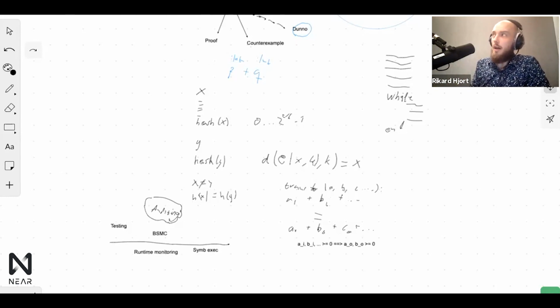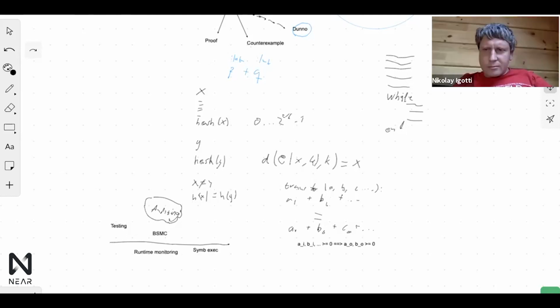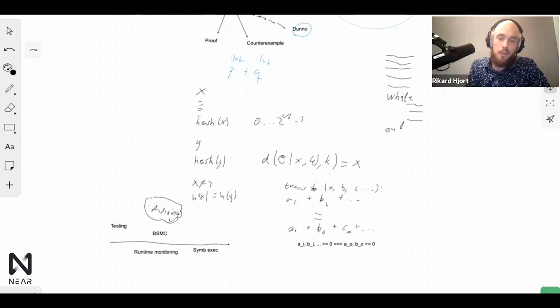But oftentimes, your theorem statement can be quite small. And the process of verification is often taking these more complex statements. For example, like we did here with the transfer function.